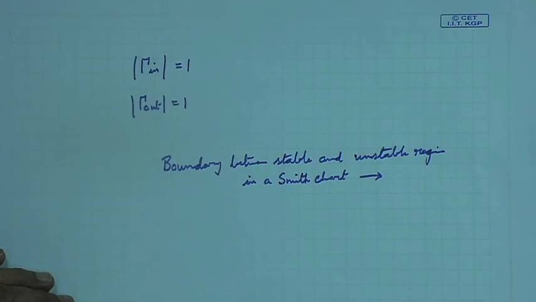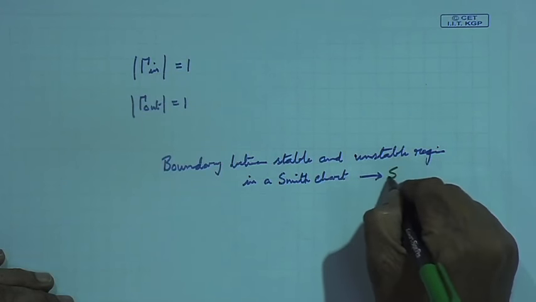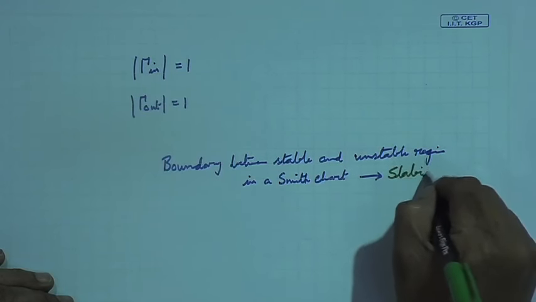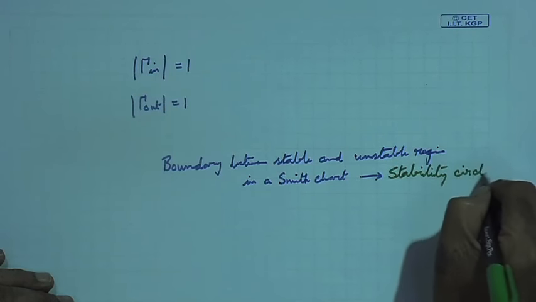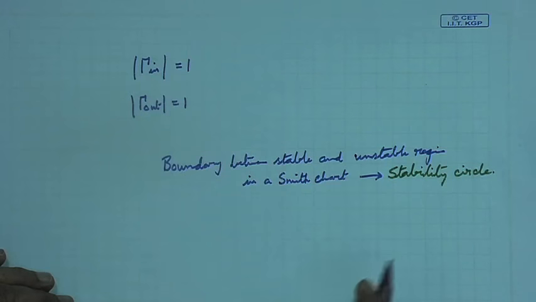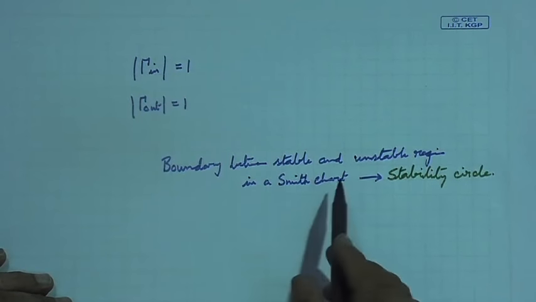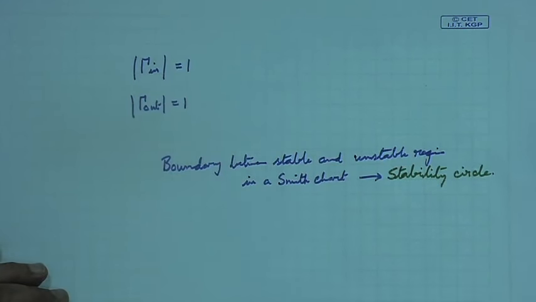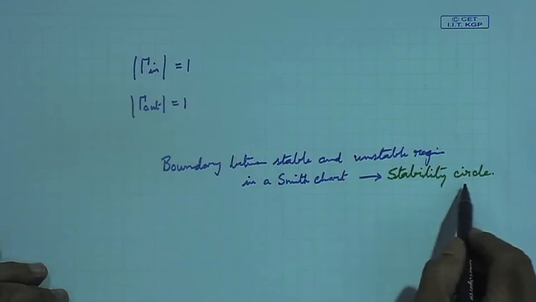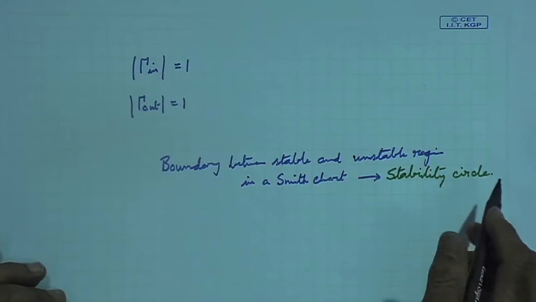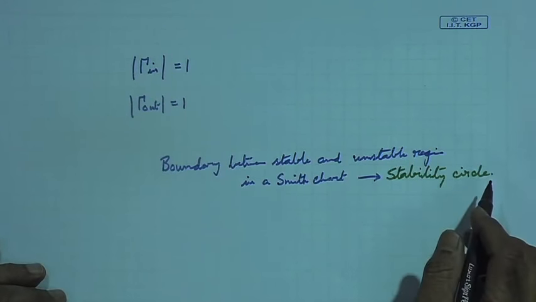It is called the stability circle. Why circle? We will just now see that this locus ultimately turns out to be a circle. So, the locus of all these boundary points becomes a circle, which is called the stability circle.